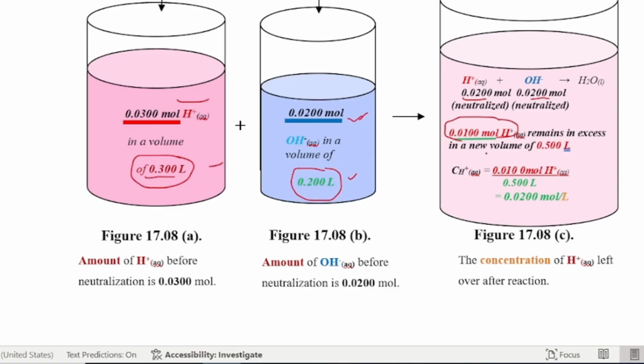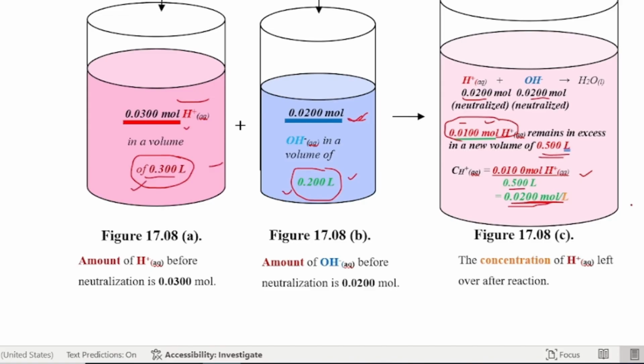So these ions are floating around now in 500 milliliters of solution. To find the concentration, we take that number of moles and divide it by the new volume, which is 0.500 liters. So take the remaining amount of hydrogen ions and divide it by the new volume, and you get this concentration. That's the new concentration of the hydrogen ions.